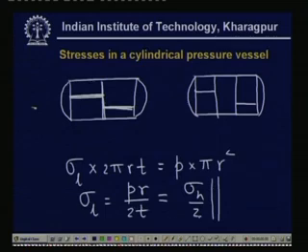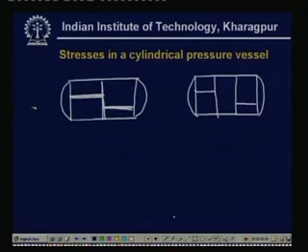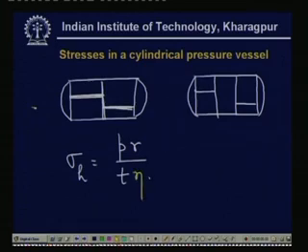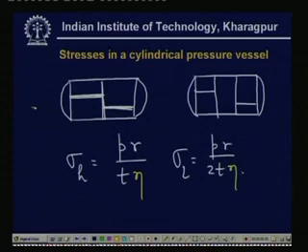So, we will have to consider the efficiency of the joint, and if you take the efficiency into consideration, then of course, the stress developed will be equal to sigma h is P r by T, and of course, here we will have to multiply by one efficiency. Similarly, for sigma L equal to P r by twice T, and we will have to again multiply by the efficiency.